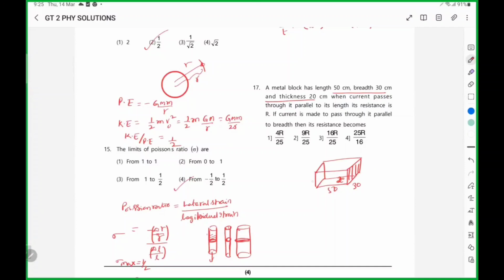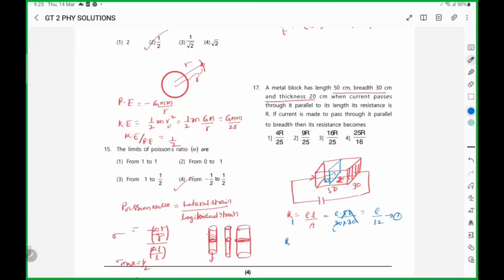When current passes through parallel to the length like this, what is its resistance? Rho L by A. Your cross-sectional area will be this when current passes. Rho L here is 50. Area is dimensions 20 by 30. So rho by 12.